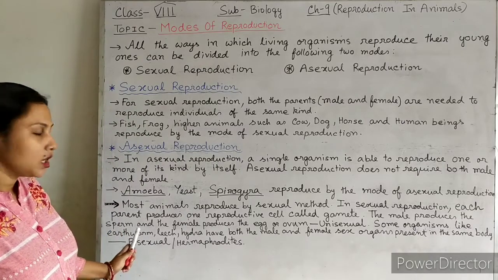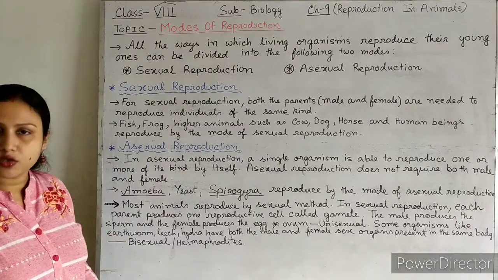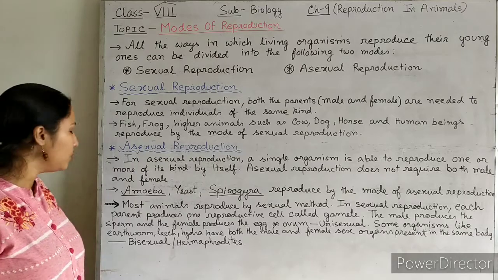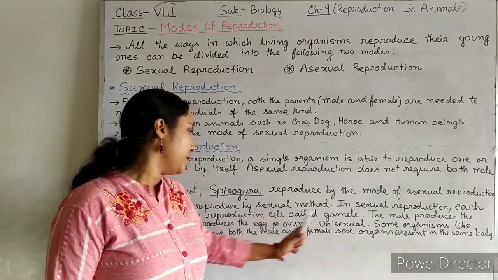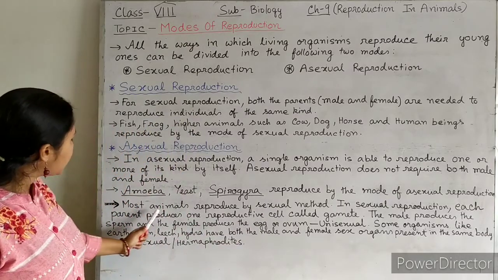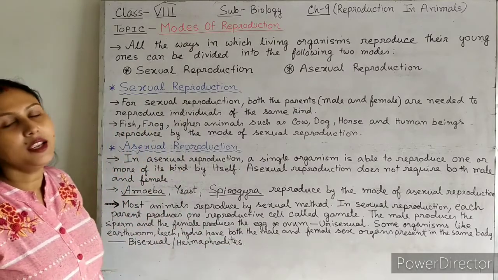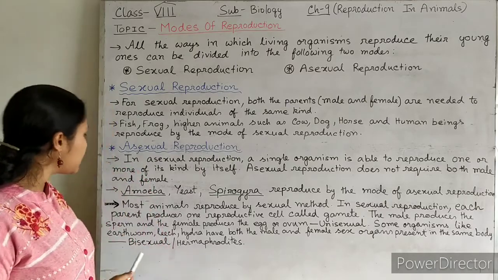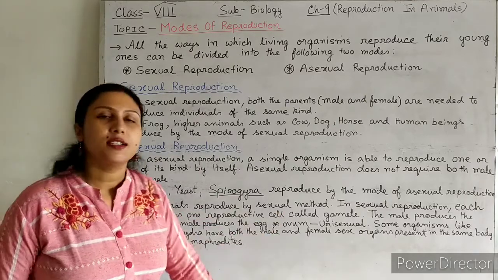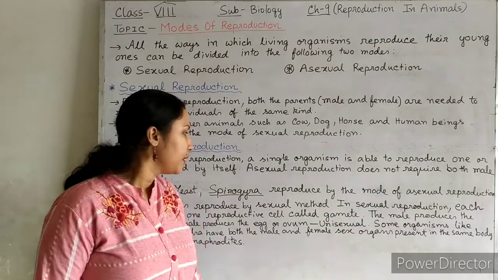Now students, something about sexual reproduction I want to tell you. Most animals, whether unicellular or multicellular, reproduce by the sexual method.